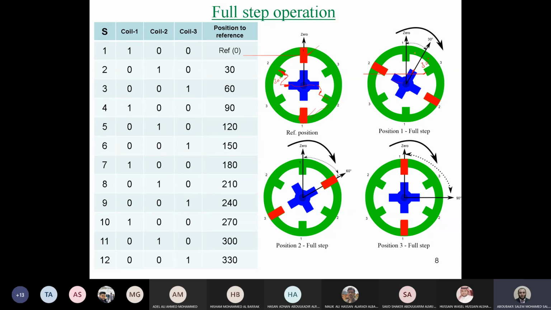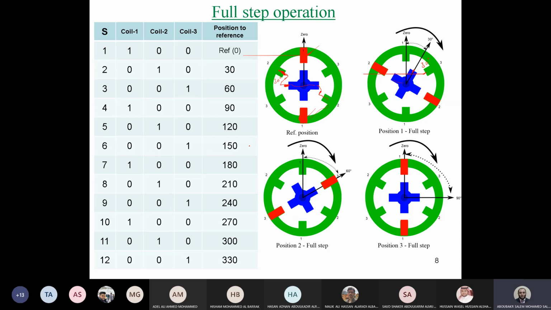So if you would like to move the rotor another 30 degrees, you can energize coil number 3 and de-energize coils number 1 and 2. So step number 3 will be like that: coil 3 is energized, other coils are de-energized, and the rotor will move another 30 degrees.